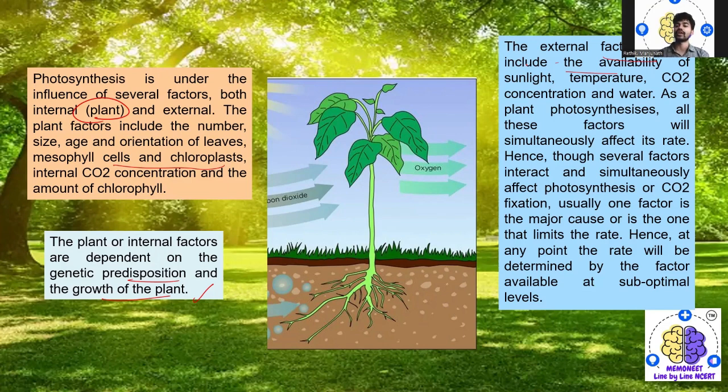Usually one factor is the major cause, or one actually limits the rate of reaction. Hence, at any point the rate will be determined by the factors available at a suboptimal level.